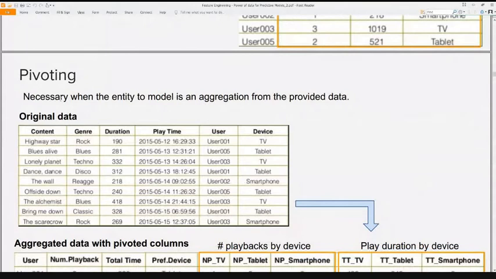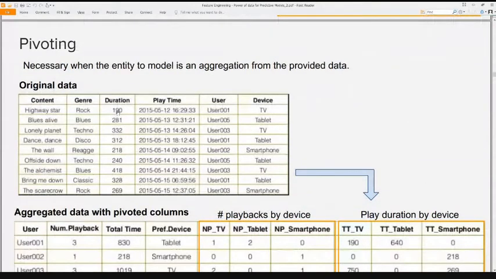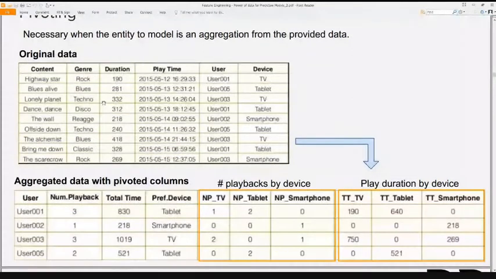Now, then we have pivoting. It's necessary when the entity to model is an aggregation of the provided data. Let's assume I want to model using the values for TV on the device. Let's assume I want my model to see how many times this person used a tablet, how many times a TV, or a smartphone.